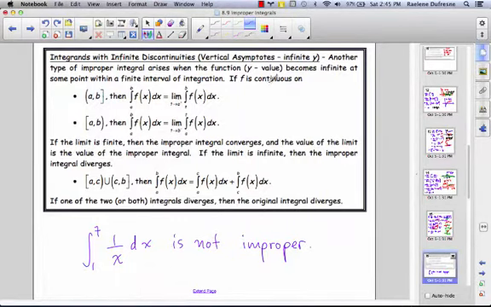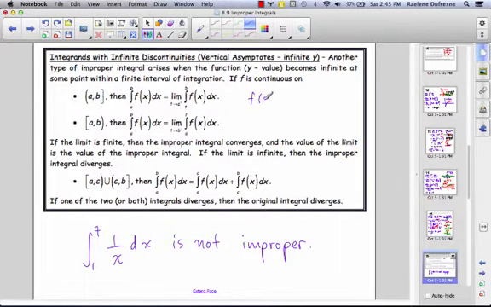So, if the y value becomes infinite at some point, we can replace the offending x coordinate with t and proceed as we did in the previous examples. So let's say that f is continuous on a to b, but at a there is an infinite discontinuity or a vertical asymptote in the function.